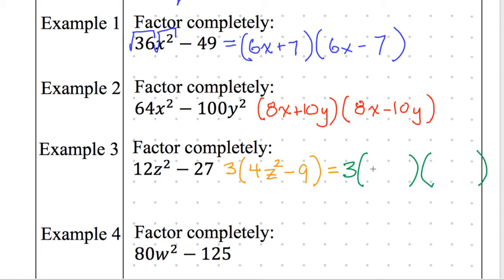How do I factor 4z squared minus 9? I'm going to have to cold call on one of you unless you want to do it on your own. Sego, go for it. Say again? You don't know?